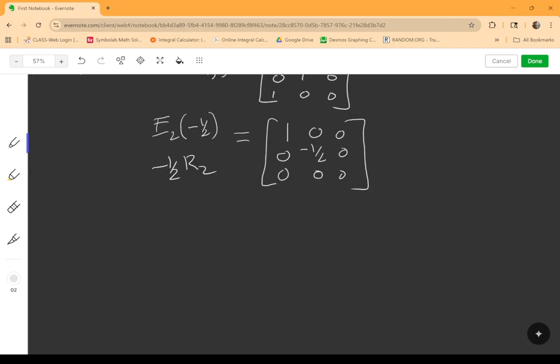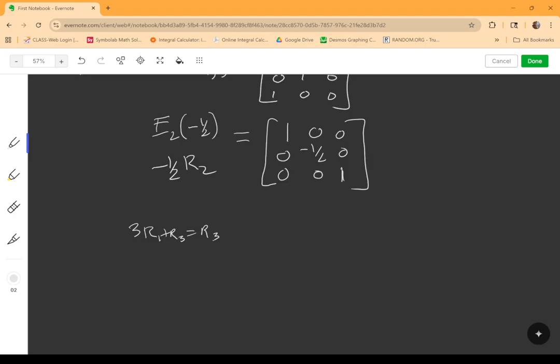Now let's look at the third type of row operation. Let's say I wanted to multiply R1 by 3 and add it to R3, and now that becomes my new R3. Again, you multiply one row and add it to the other row, and that becomes the new row 3.